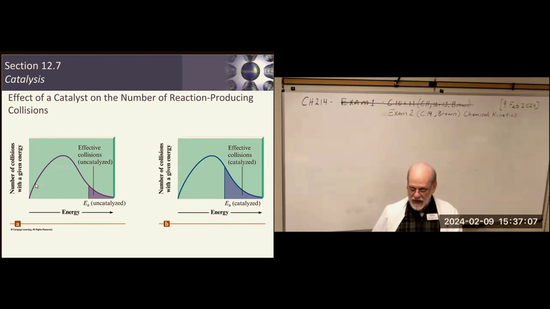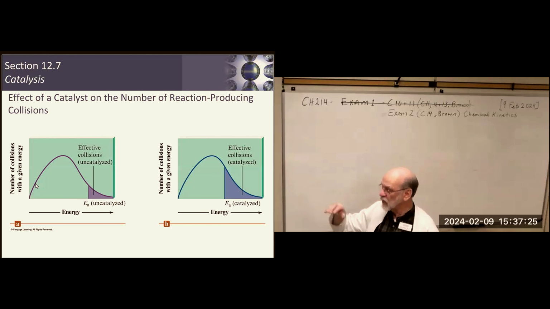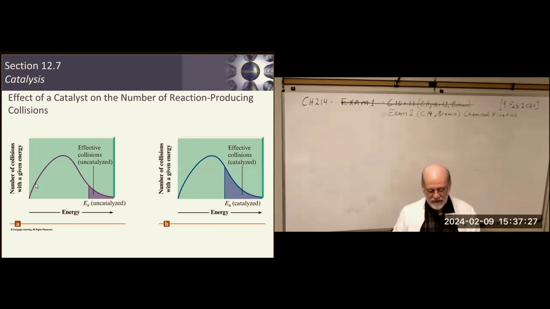That's an uncatalyzed reaction. When you introduce a catalyst, now you've reduced the activation energy, so more of the reactants have sufficient energy. So you just move that blue line over and you get more. So more reactants reacting means faster reaction.